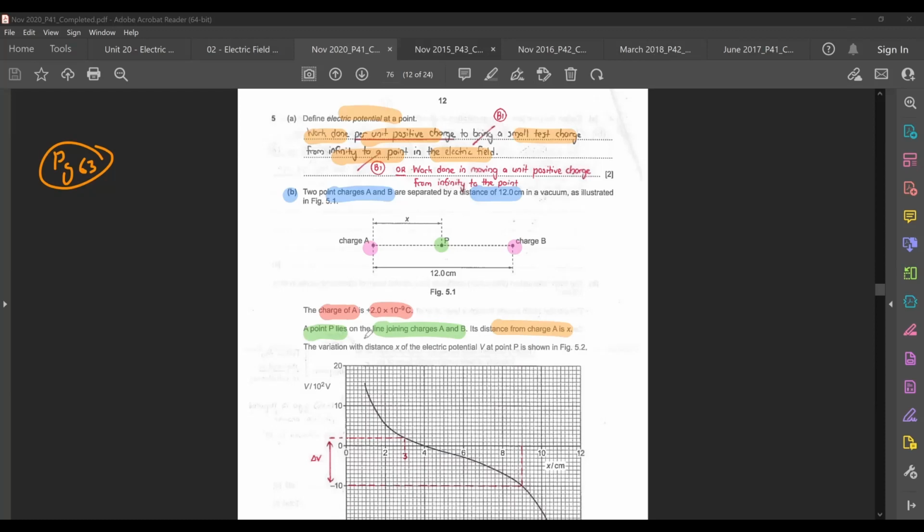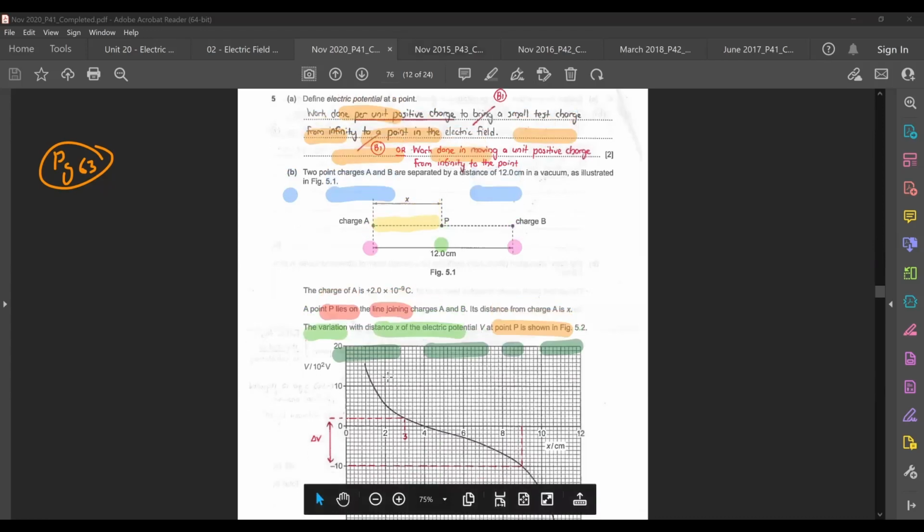Here they mentioned that the variation with distance x of the electric potential at point P is as shown here. If you start measuring x from the left-hand side from A, this graph shows you the variation of electric potential with distance x.